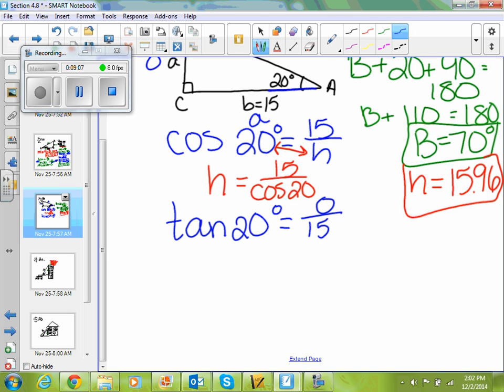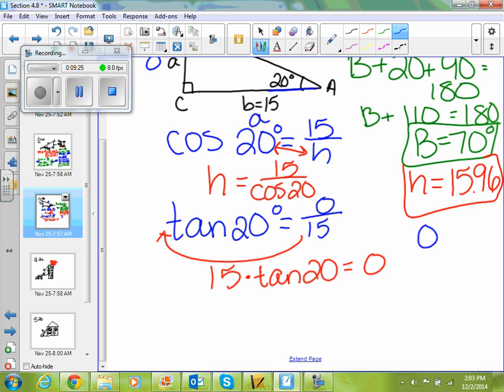And so by rearranging my formula, I get 15 times tangent of 20 is equal to my opposite side. And so what's 15 times tangent of 20? 5.46. So my opposite side is equal to 5.46.